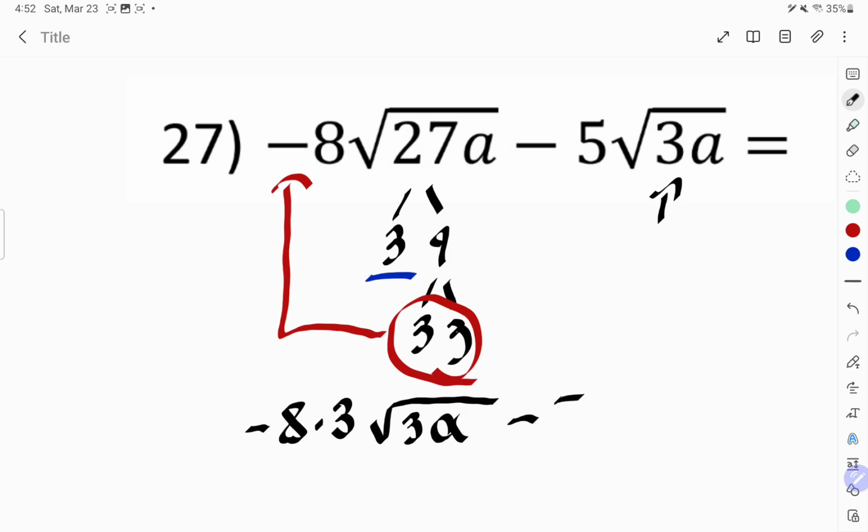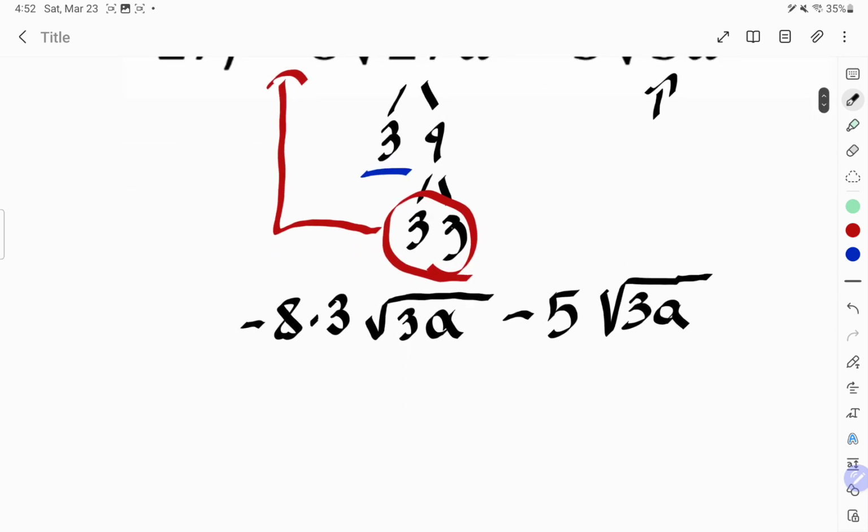And then minus 5 square root of 3a. All we have to do is figure out what negative 8 times 3 is, which hopefully I know. I believe it's 24, or negative 24 in this case, square root of 3a minus 5 square root of 3a.